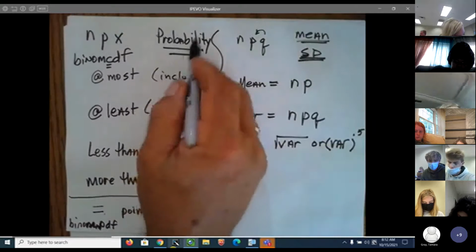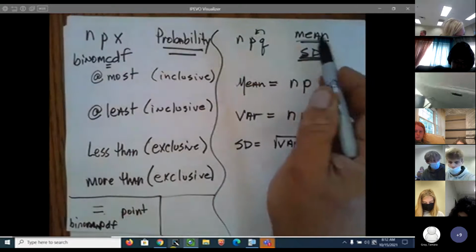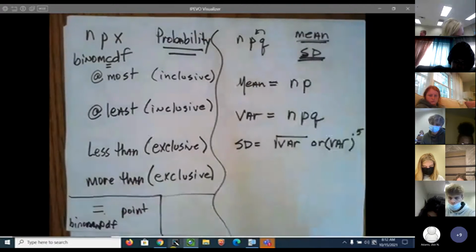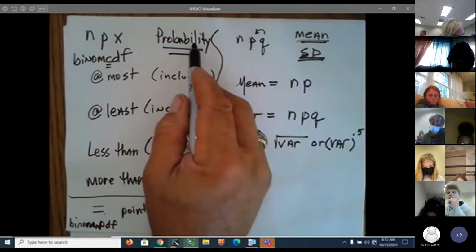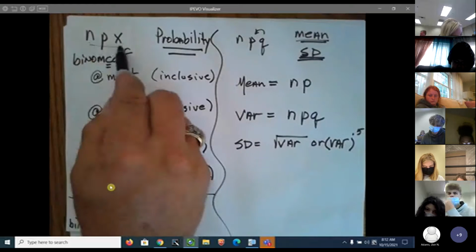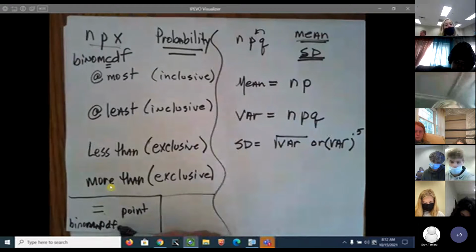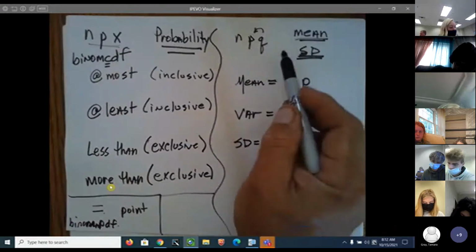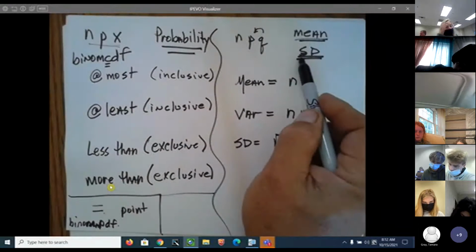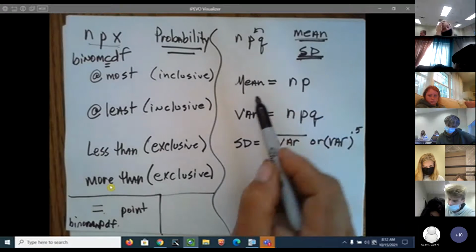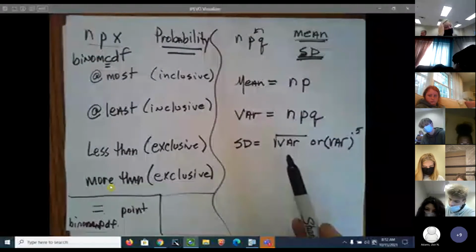The question is going to ask for the probability, or it's going to ask for the mean and the standard deviation. If it asks for the probability, you're going to use NPX, and you're going to use either binomial CDF or binomial PDF. If you're dealing with the mean and the standard deviation, you're just going to be dealing with multiplying numbers.